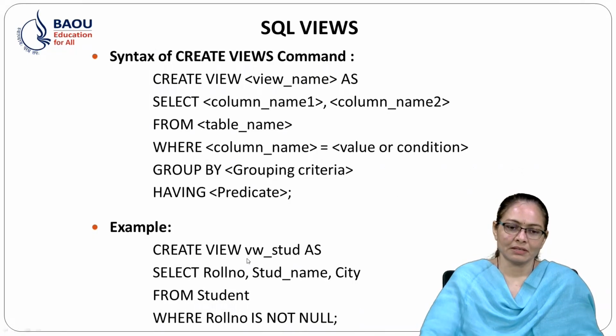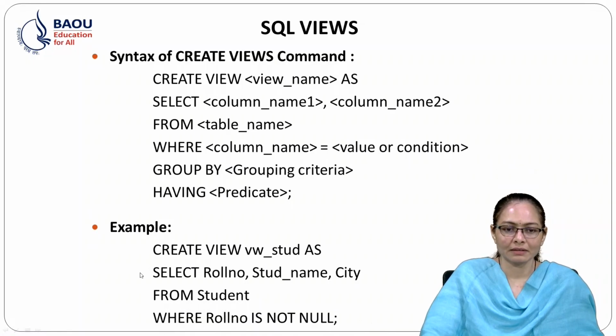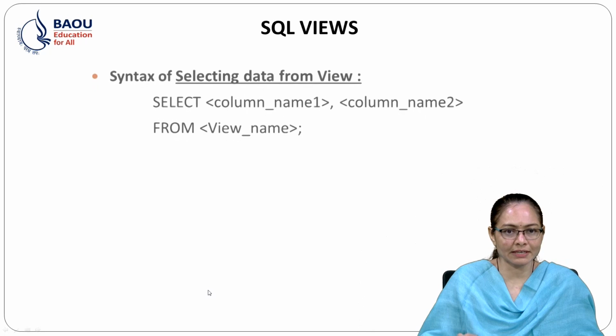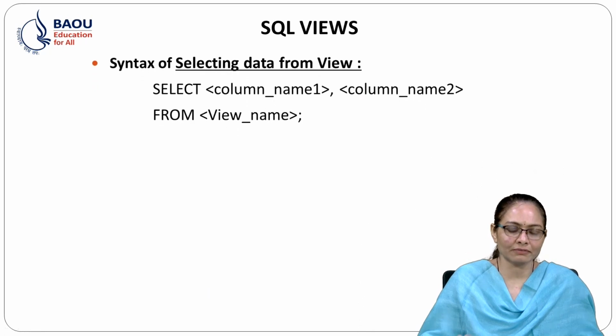We see how to create it. This one is a select command. Before the select command, you have to write create view, view name and then as. Only this line is written before the select statement. Then the view is created. After the view is created, how do we select the data from the view? This is the syntax: select column name 1, column name 2, up to n from view name, same as the table.